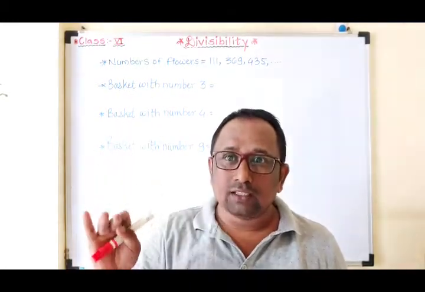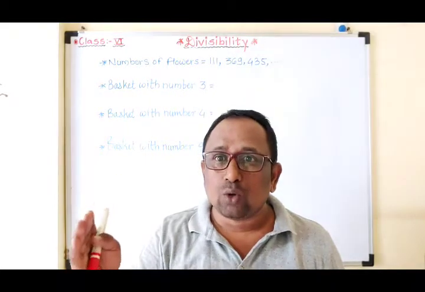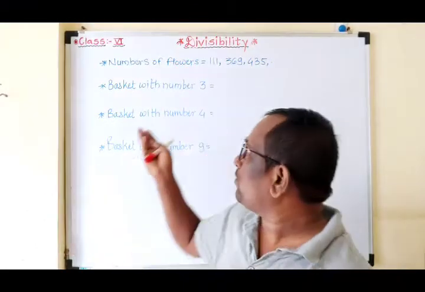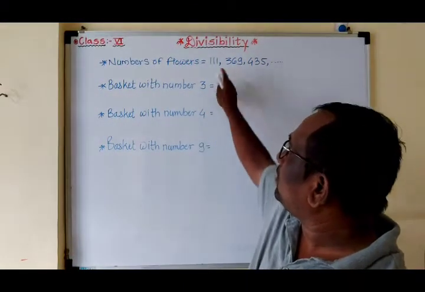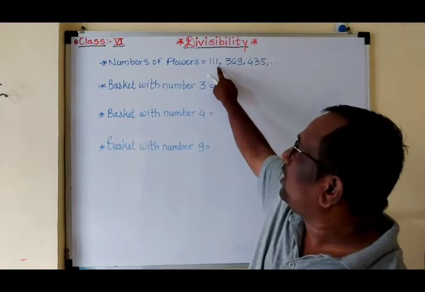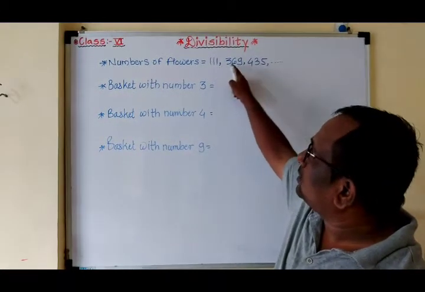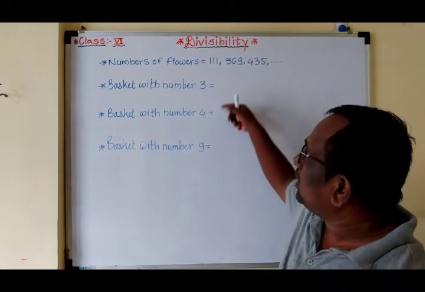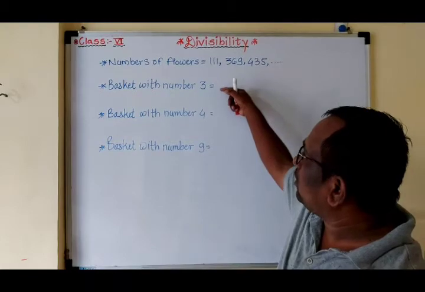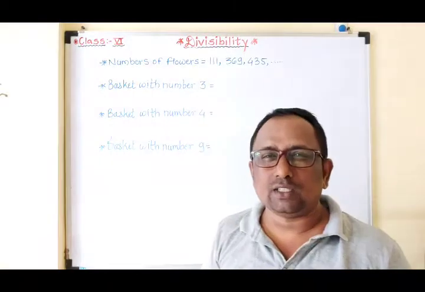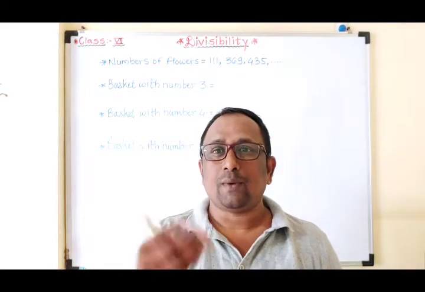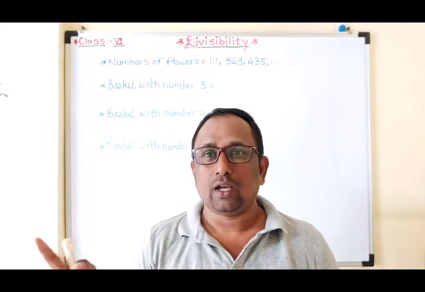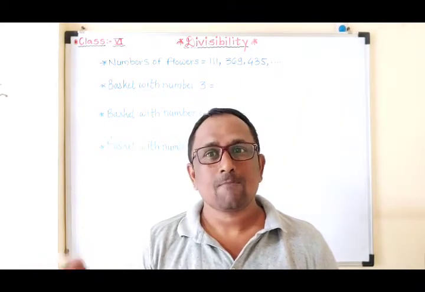Then you write in which basket, number 3, 4 or 9, it belongs, that is, which it is divisible by. So if we apply the divisibility test of 3 to 111, 1 plus 1 plus 1 is 3, okay, and 3 is divisible by 3.